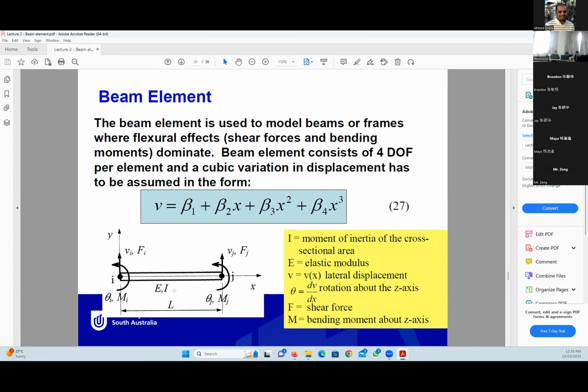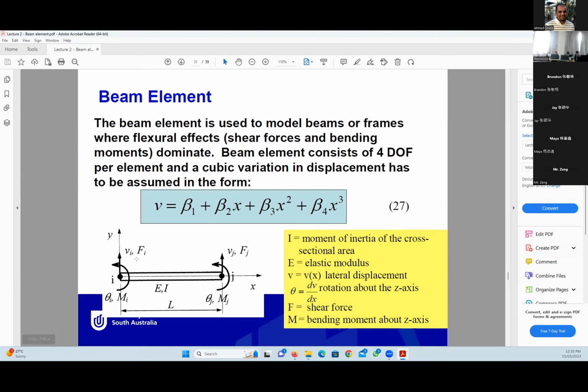E is the Young's modulus or elastic modulus of the material. I is the moment of inertia, because as you know, the inertia of a member resists the flexure effect. The area resists the axial effect. So because this member is only under flexure effect, we need E and I.